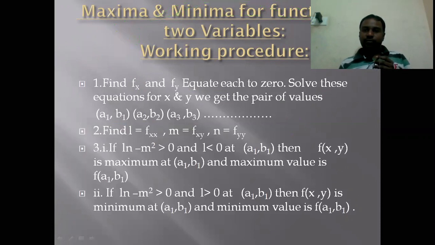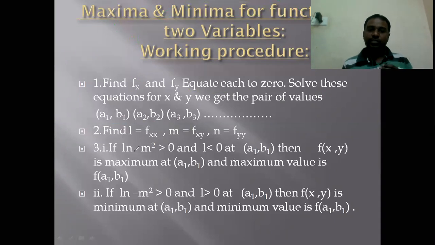Similarly, we need to find fyy. Fyy means differentiating the function twice with respect to y. So two times we need to differentiate with respect to y. So after finding all these, we construct these combinations.